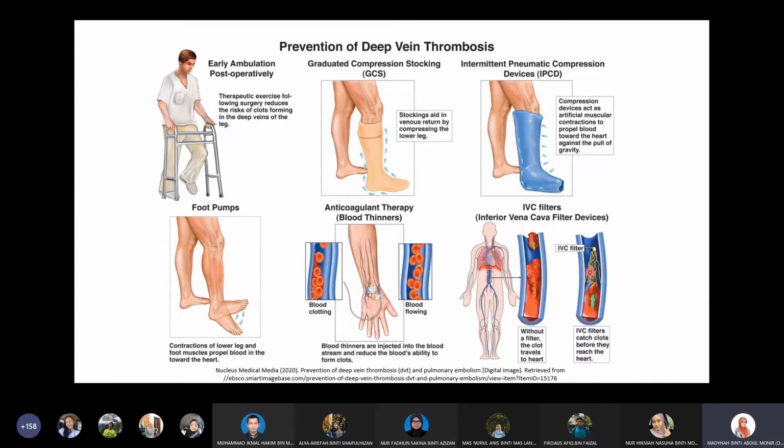Why do they put this? If there is a thrombus formation, as you know, thrombus can dislodge and embolize to other regions. So when there is a filter here, even though there is a formation of embolus, it will make sure that it does not go beyond the area of the filter.